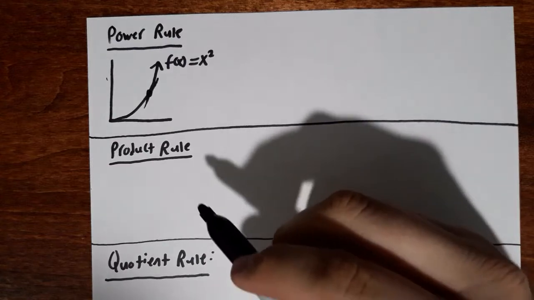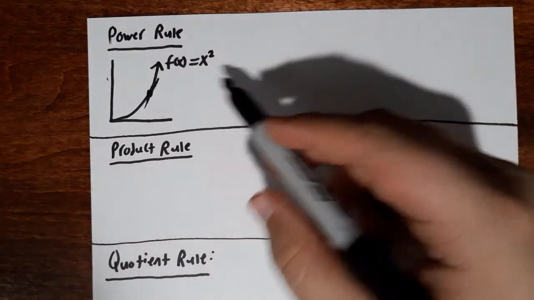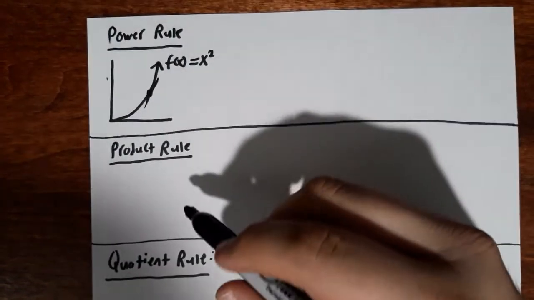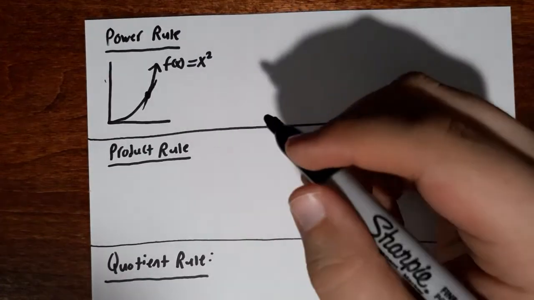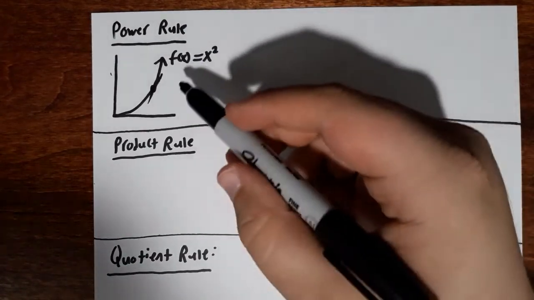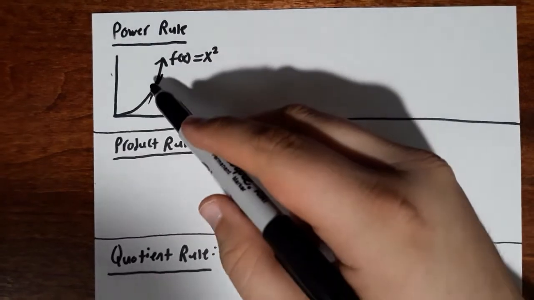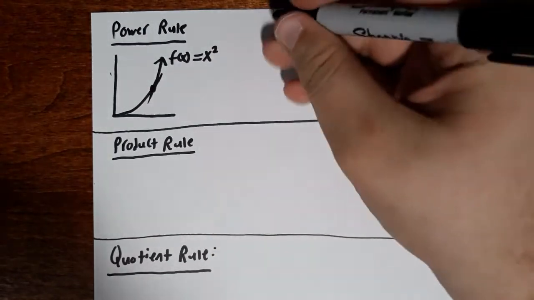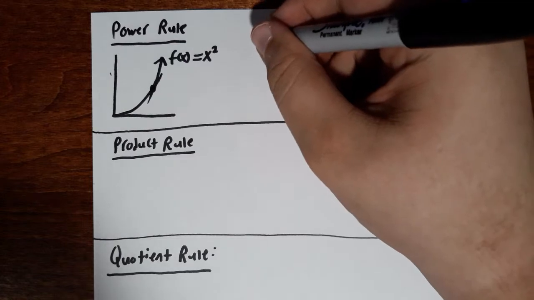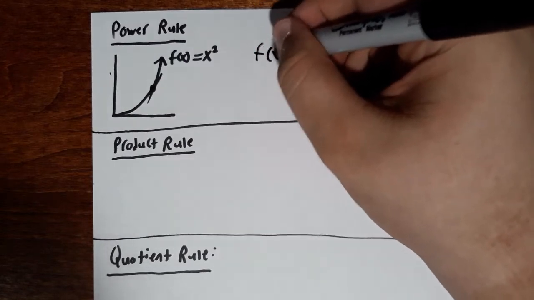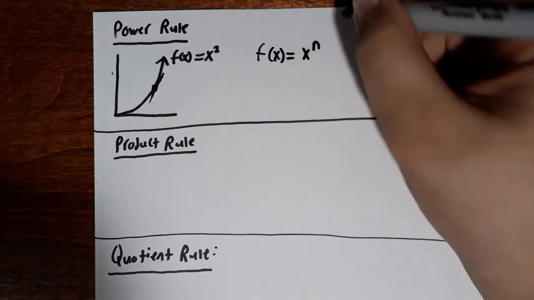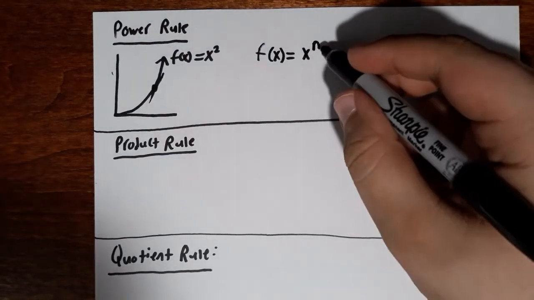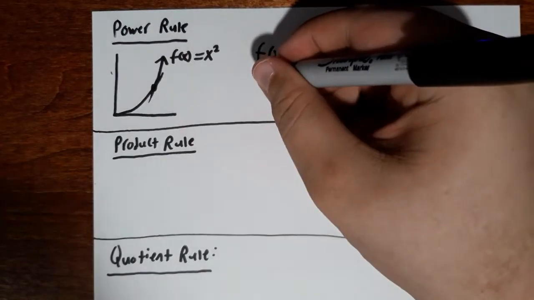Now there is a much longer and much more complicated way of finding just that point, or we could use the power rule to find a general form derivative and then plug in our point and find the exact slope of that line. Now the power rule uses a function in the form of x to the n, where n is just any real number.